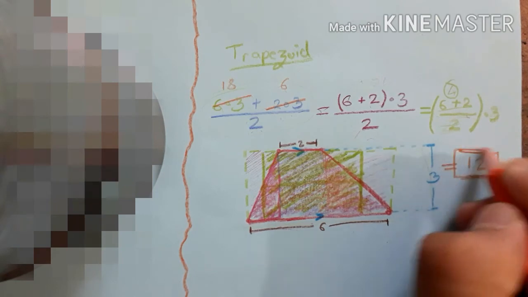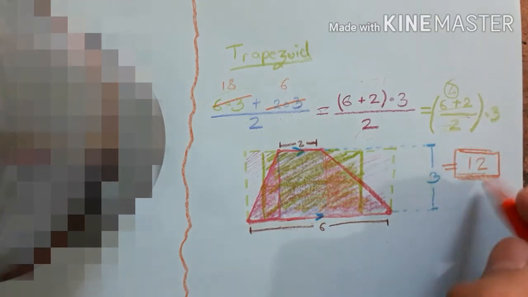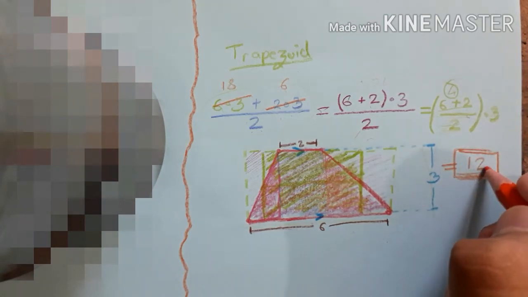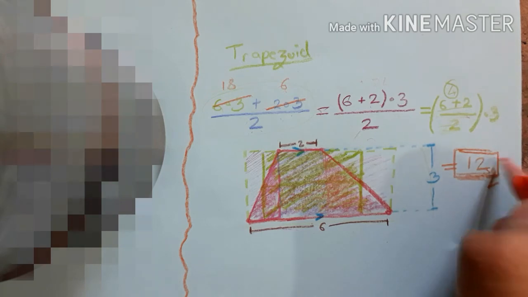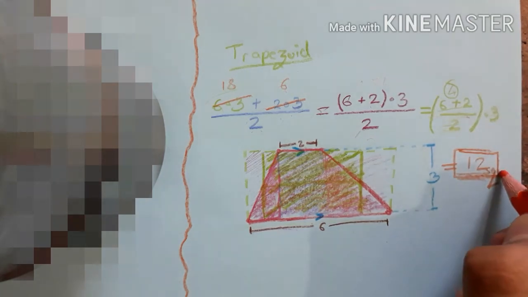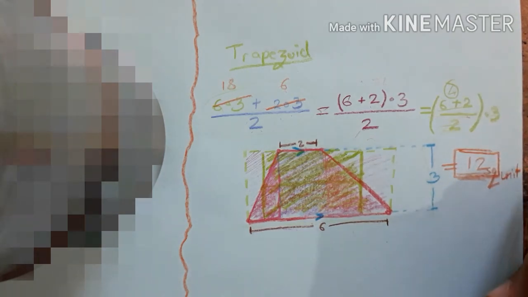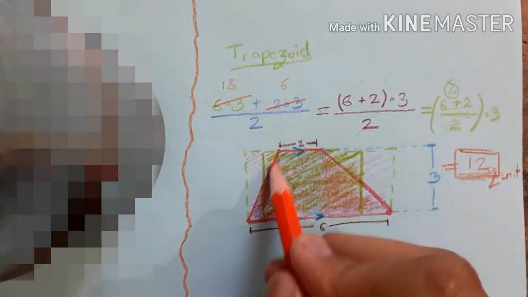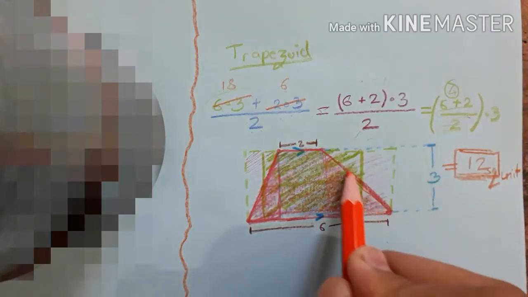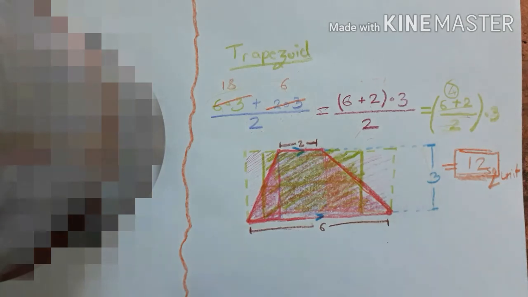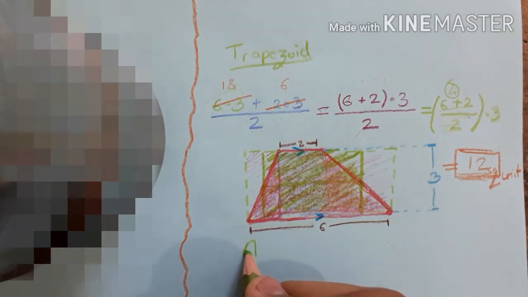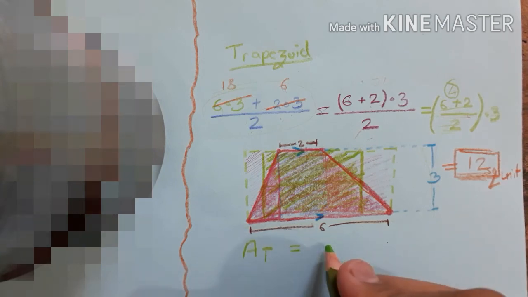So eventually we end up getting 12 as the area of the trapezoid with the two bases 6 and 2 and a height of 3. So we can conclude by saying that the area of the trapezoid is equal to 12 square units.